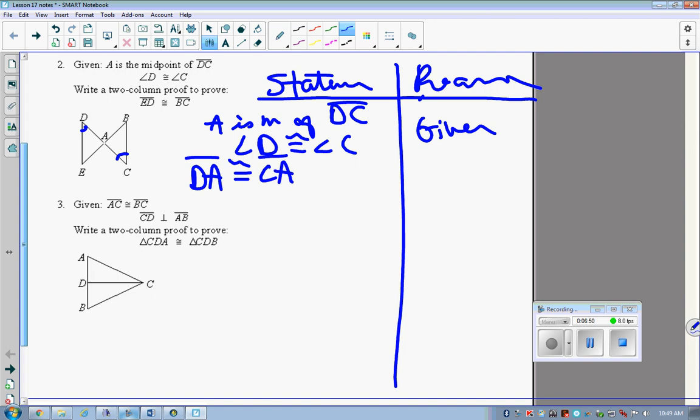Can anybody tell me why? Geneva, do you know? No? DA is congruent to CA. Why? Can anybody tell me why DA is congruent to CA?